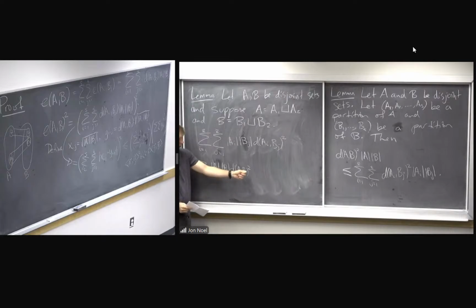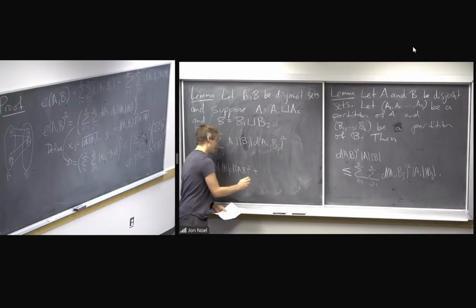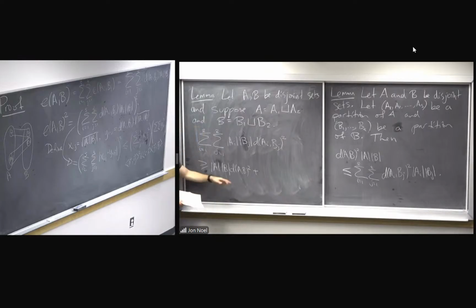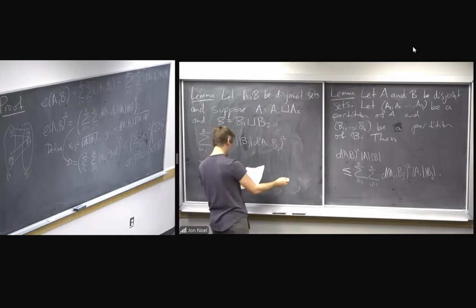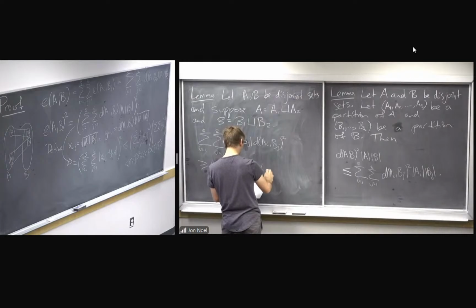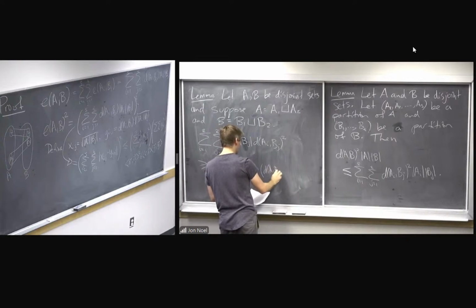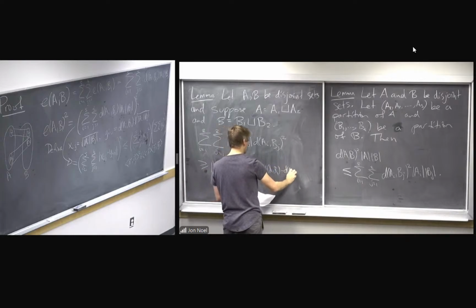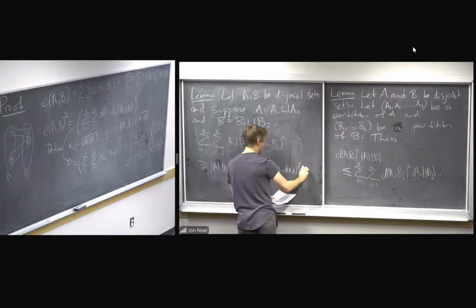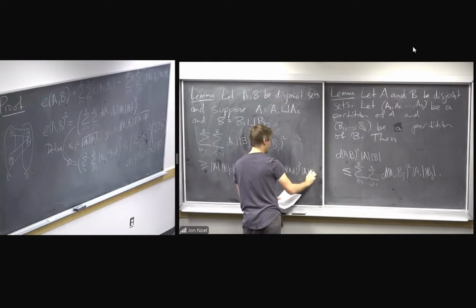But we want to have an extra thing to say that it gets boosted up by (dA1B1 minus DAB) all squared times the size of A1 times the size of B1.